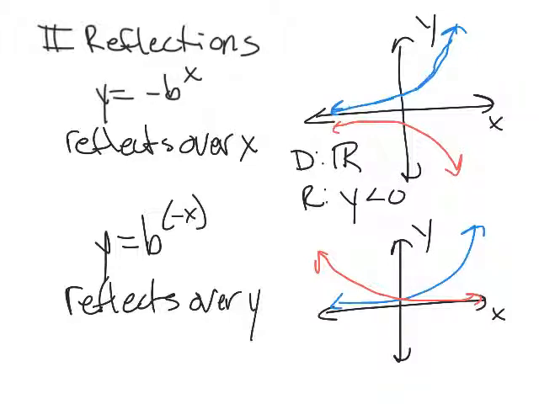In this case, the domain stays the same and the range stays the same as the original. The domain is still all reals, and the range is y is greater than 0.